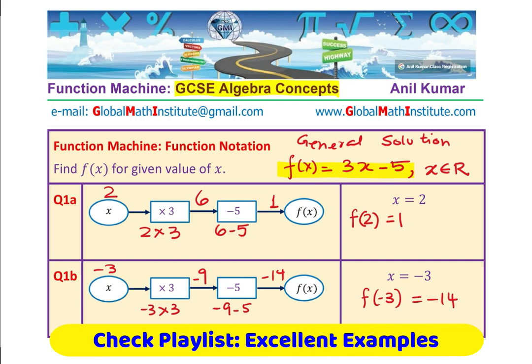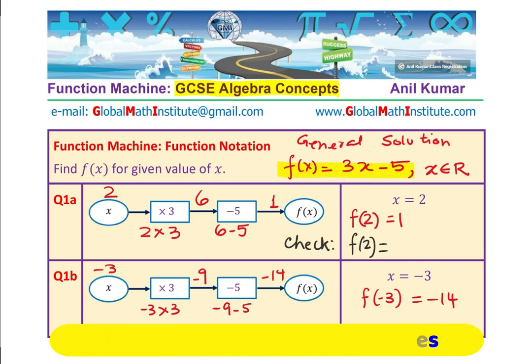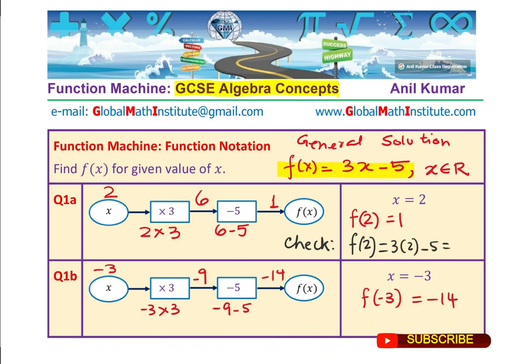If I'm saying f of 2, for example, this is what we are going to check. Substitute 2 here. That means 3 times 2 minus 5, right? So 6 minus 5 is 1, which we know is correct. You see that? I hope you have understood this process, correct?